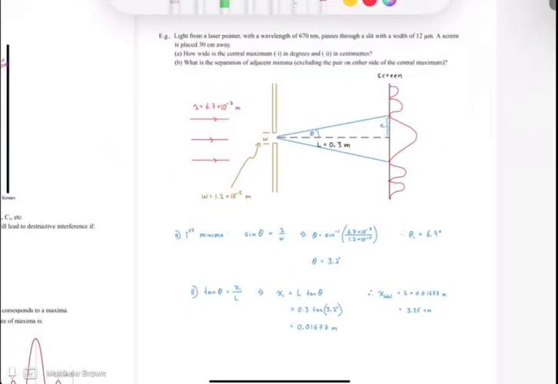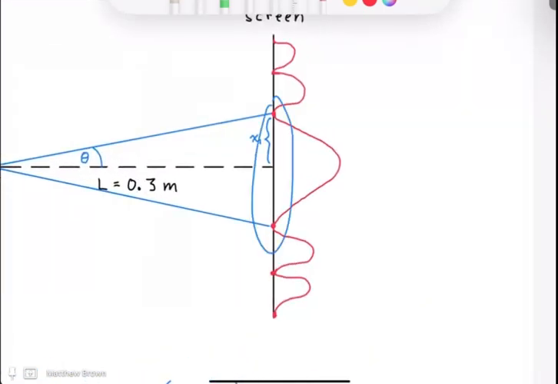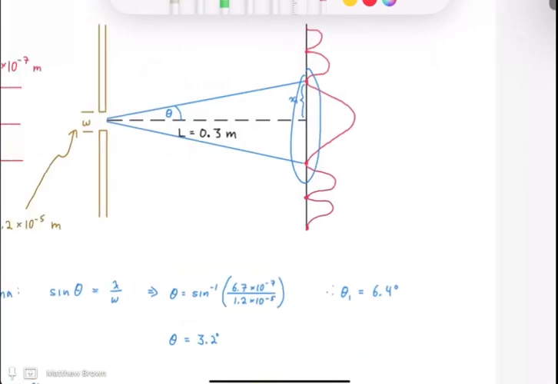There's a part B here. What is the separation of adjacent minima, excluding the pair on either side? So we've calculated this central maxima, and we've said that's 3.35 centimeters along the screen. So what's the distance from, let's say, here to there, and then from there to there?